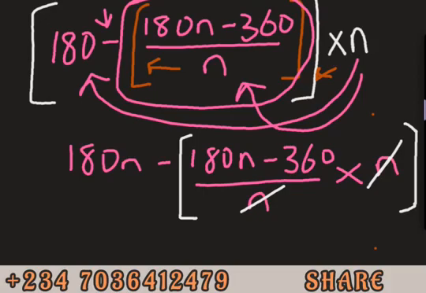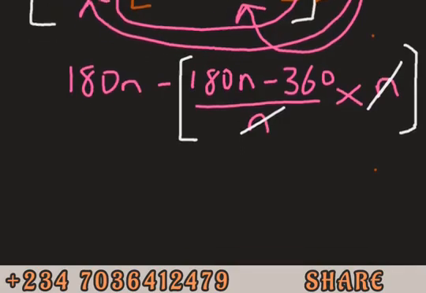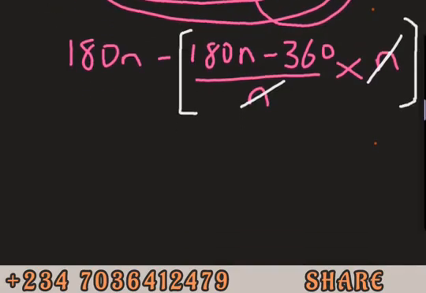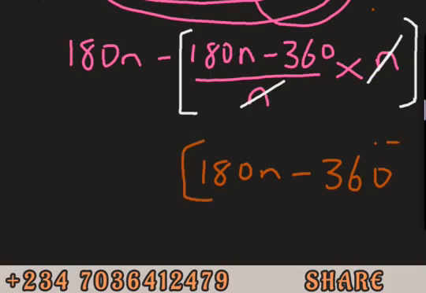All right, good. Now what we have in the brackets will now be 180n minus 360 in the bracket, and out of the bracket we'll be having 180n minus this.